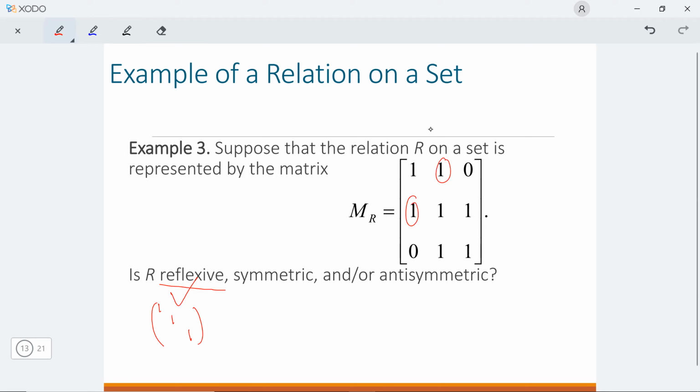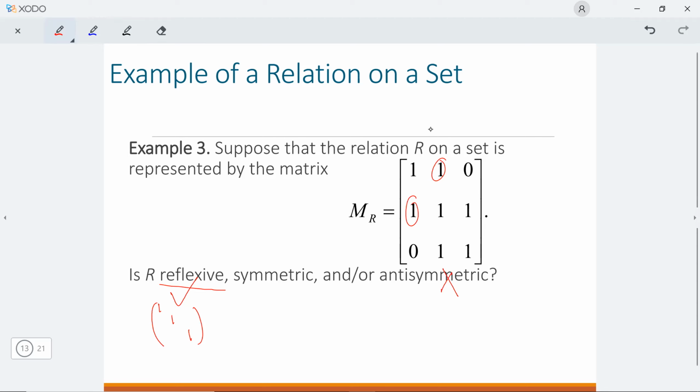Looking at this pair of elements, they are in opposite positions with respect to the diagonal, and they are both equal to 1. Because both are 1, the first thing we can claim is this is not antisymmetric. For antisymmetric, if one of them equals 1, the other should equal 0. Now both equal 1, so it's not antisymmetric.